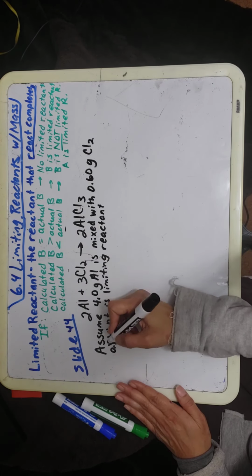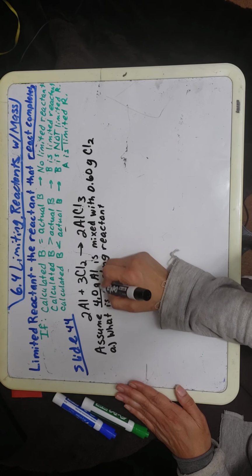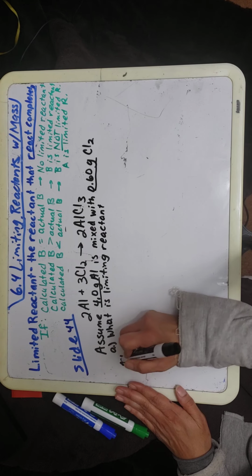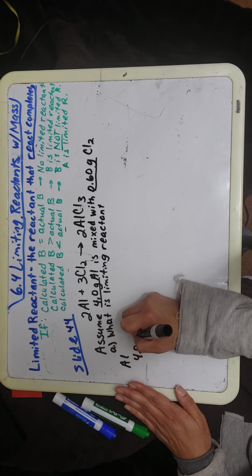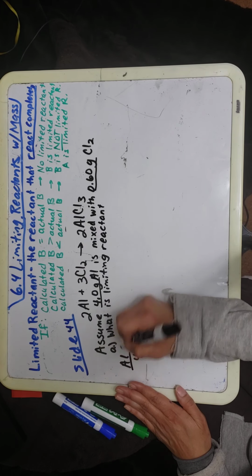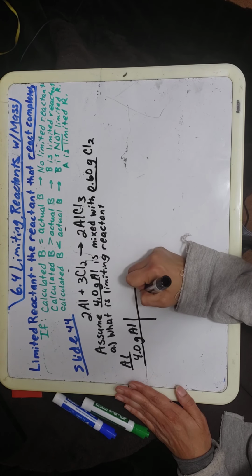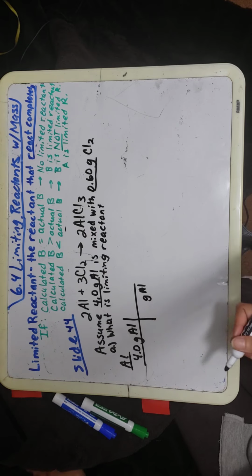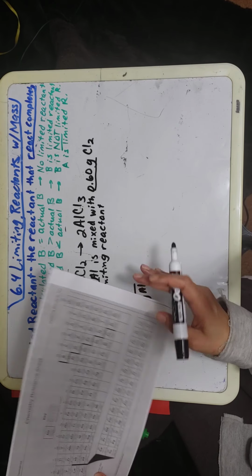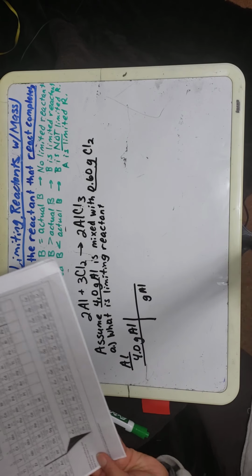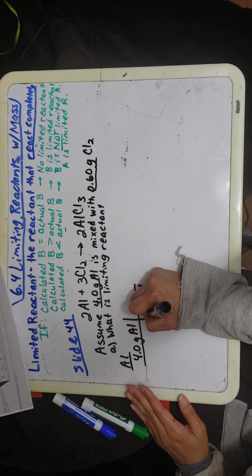So for the first one, you start off with the grams. For aluminum, they have 4.0 grams of aluminum. And then if you convert that to moles, you have to look on your periodic table for the value for aluminum, which is 26.98 on my periodic table.